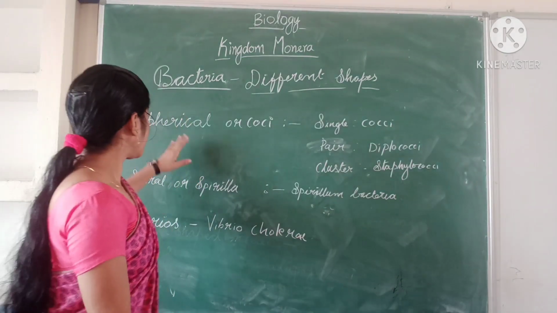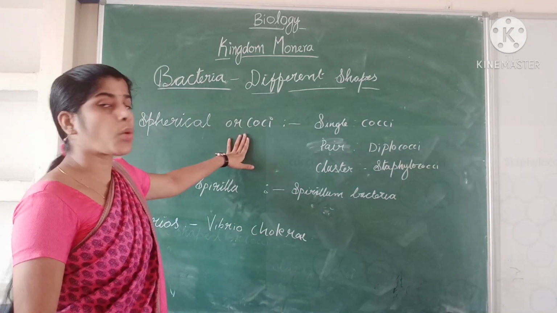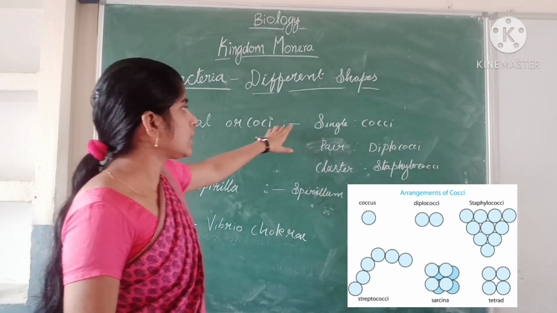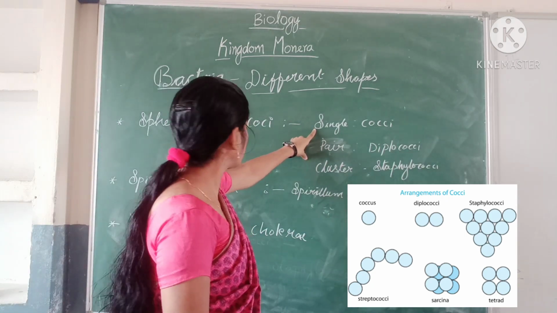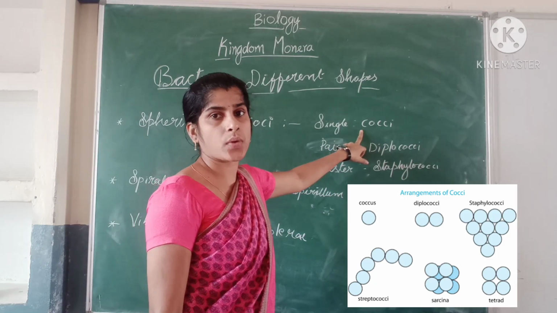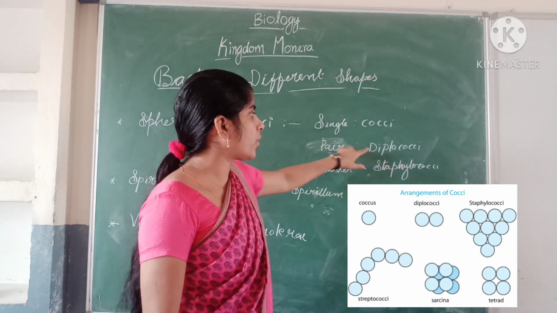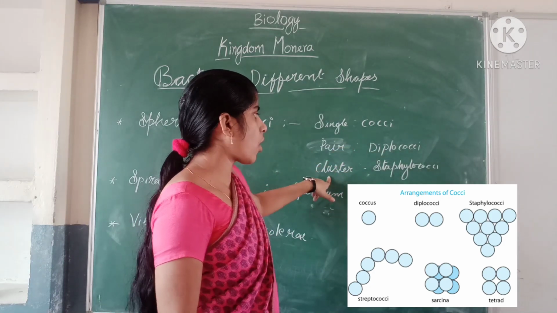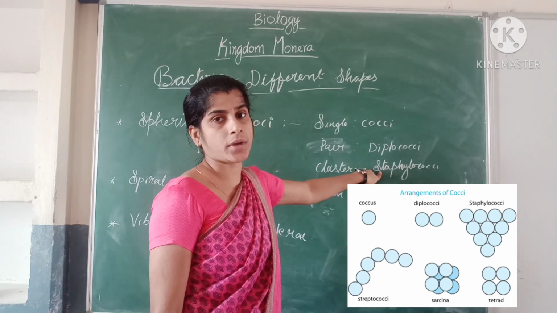Next one is spherical or cocci. Single cells are cocci, and paired ones are diplococci, and the cluster or chain formation is staphylococcus.